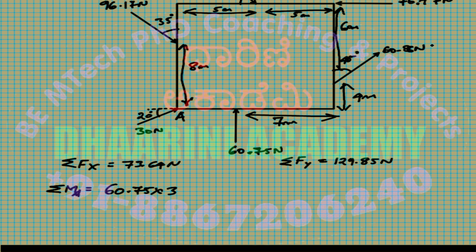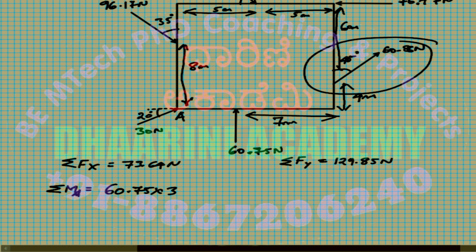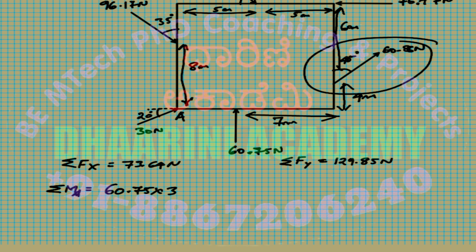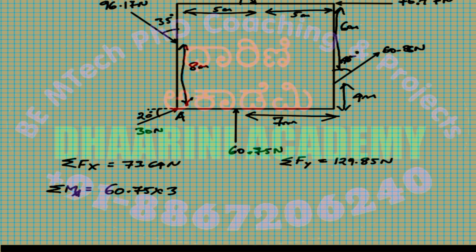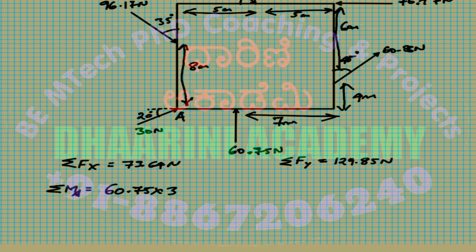All right. Then we'll go to the next force, which is this one, 60.88. Again, the shortest distance is not available. We'll split this into vertical and horizontal.